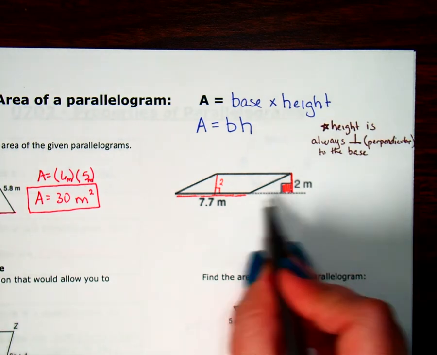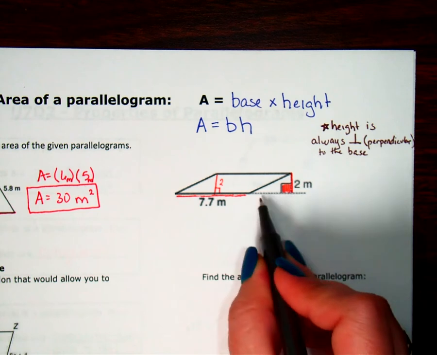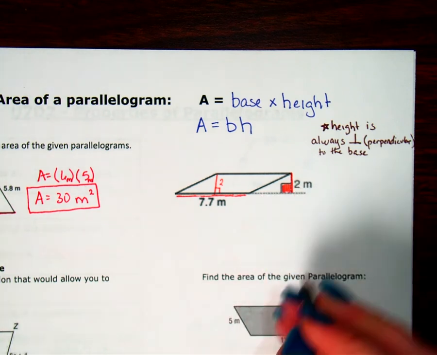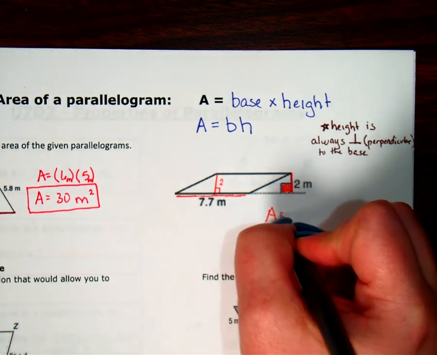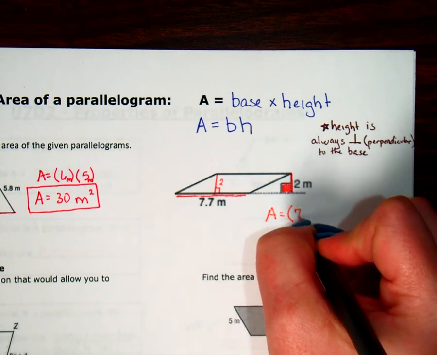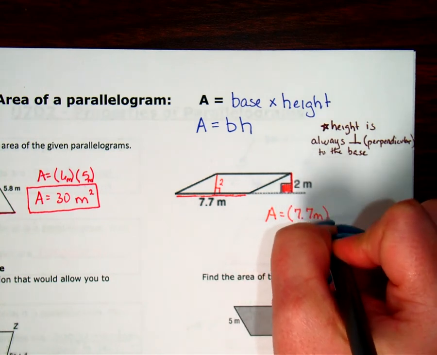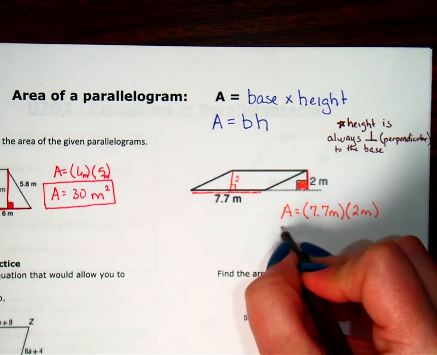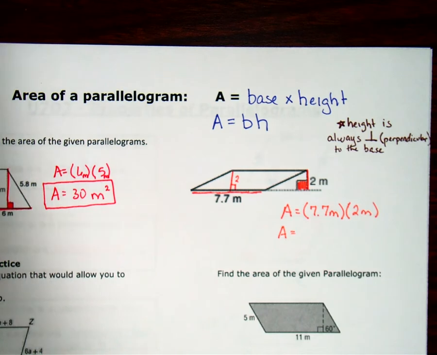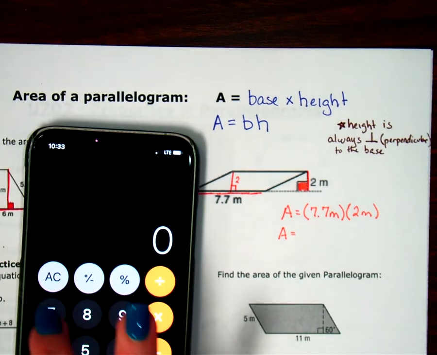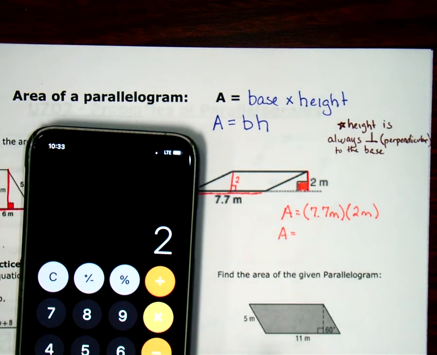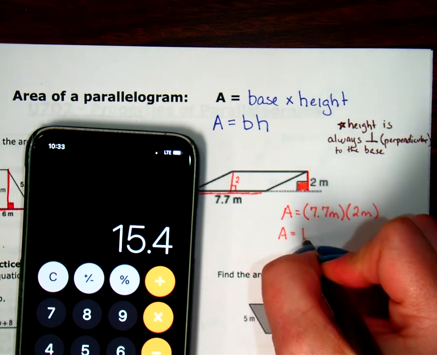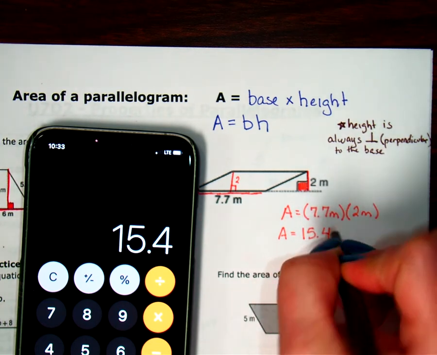Okay, so we don't extend how long our base is, we just extend it so we can see where our height is. When I do the area, I'm going to multiply the base, 7.7 meters, times the height, 2 meters, and I get an area of 15.4.